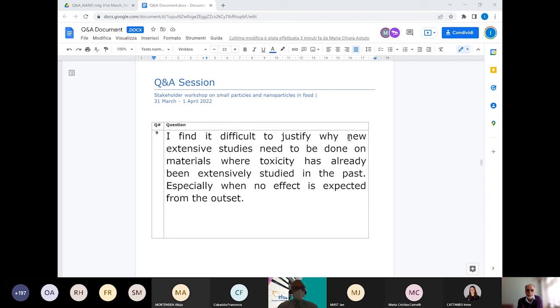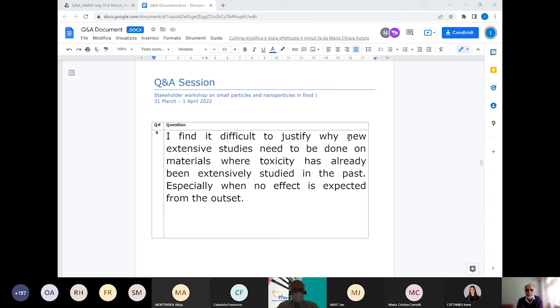No one is asking for new studies to start with. If you look at the tiered approach proposed in the guidance documents, the very initial tiers are looking at what is available. And if an applicant has data already from traditional materials or old studies, then they could look into that data. What the guidance says is that you need to assess those studies and see whether those studies have already covered the particle fraction in them, or if the material was nano to start with, was all the material characterization data available?